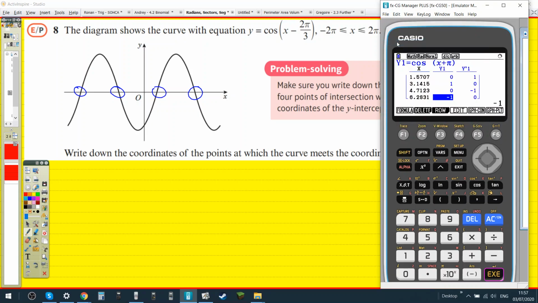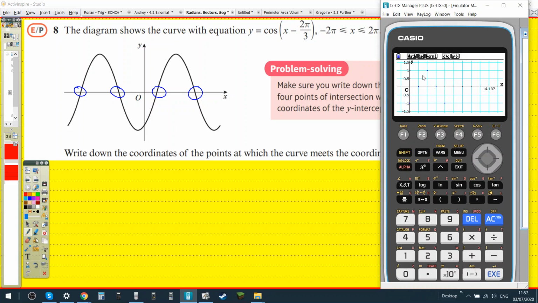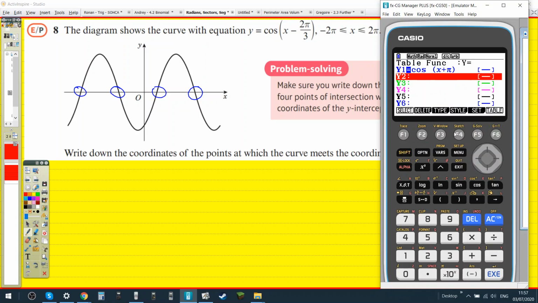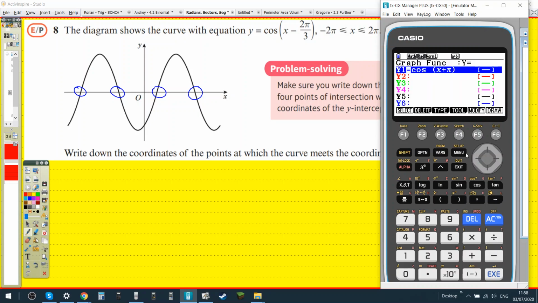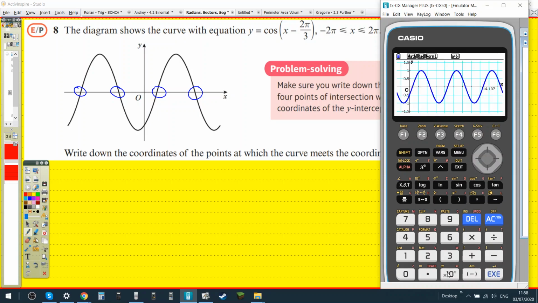I mean, mine didn't have any x-intercepts. Might just be the way it looks, like it's kind of zoomed. Capture screen. Menu 5. Cos x minus fraction 2 shift pi over 3. I've got lots of roots.